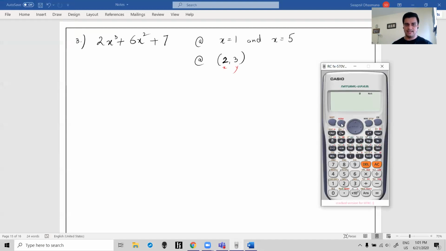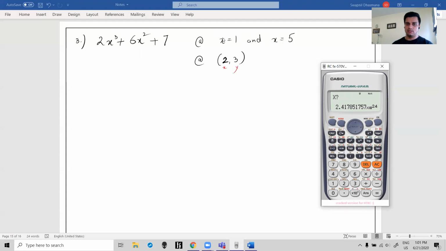Write the same equation, making sure it's in math mode 1. Now write down the equation as it is on the calculator: x power 3 plus 6x squared plus 7. After that, press calc.